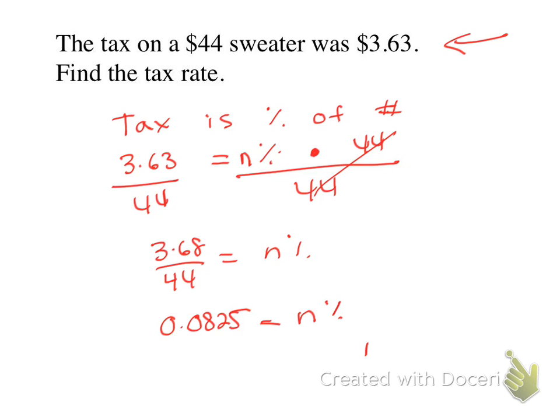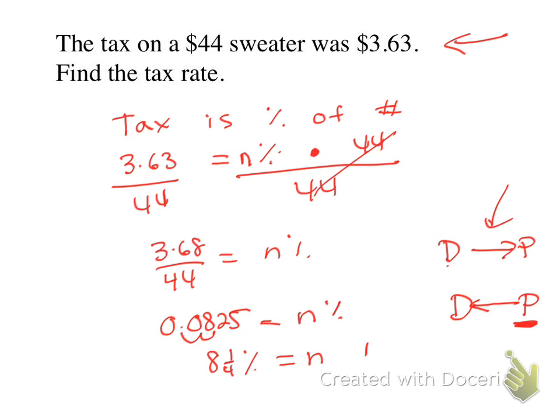When I'm going from decimal to percent, I go 2 places to the right, once, twice, so it's 8 1/4% equals n. It's like the alphabet: P comes second. If I go from percent to decimal, I move it this way. If I go from decimal to percent, I go this way. Correct?